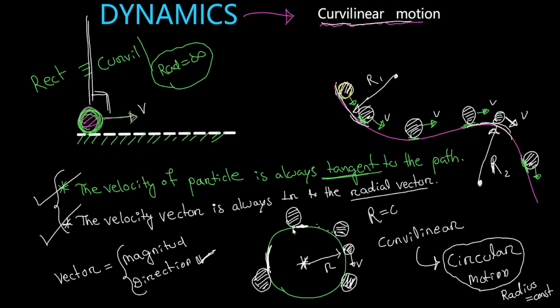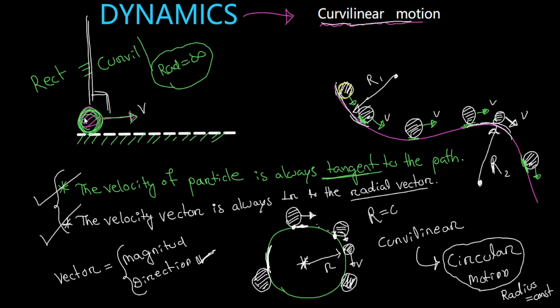From this point to this point, the velocity vector was like this. At the point over here, when the particle reaches here, the velocity vector is like this. So the direction keeps on changing. The magnitude may or may not be constant; that will depend on the situation, but the direction is always changing in curvilinear motion.